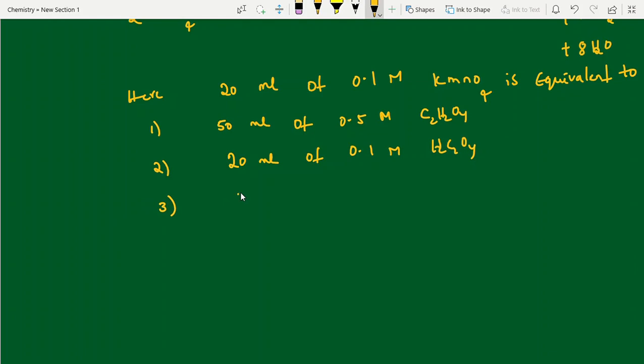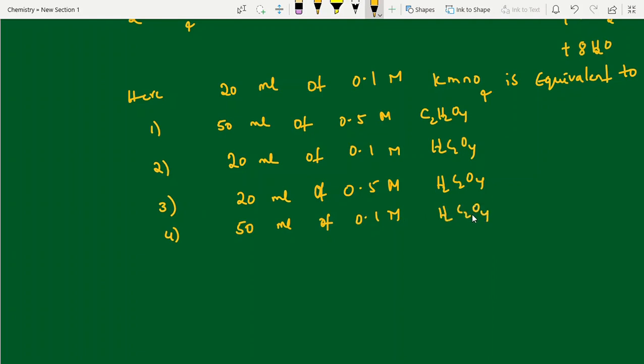Next 20 ml of 0.5 molar H2C2O4 and 50 ml of 0.1 molar H2C2O4. That's all, students.